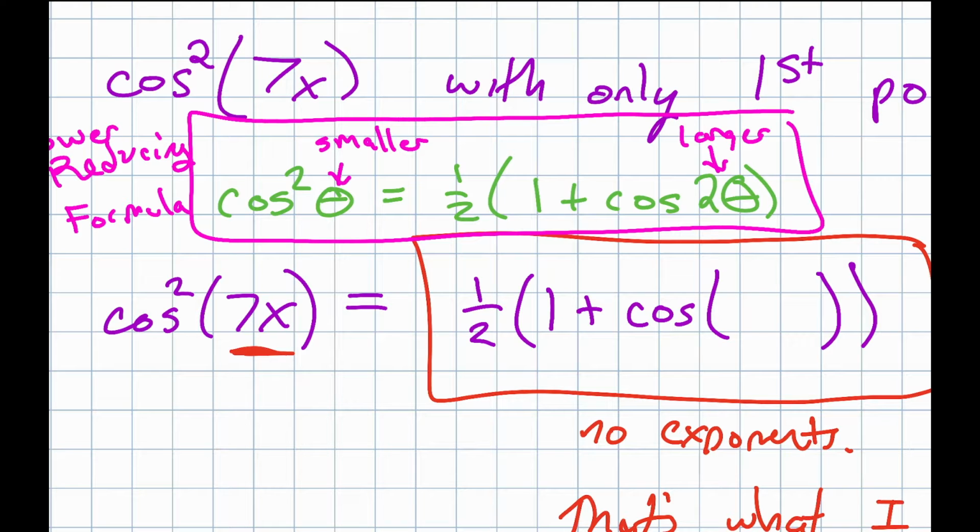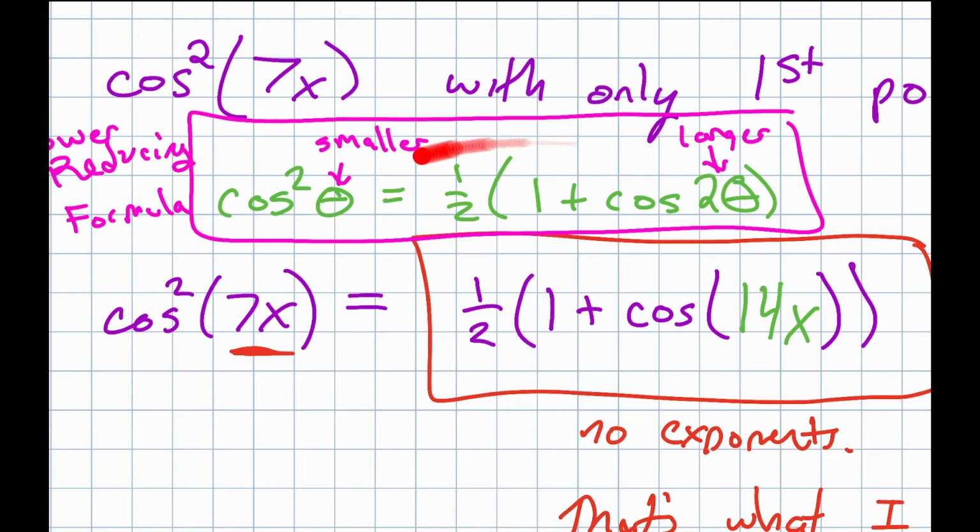And then I have to think about what goes right here, okay? That's why you want to think about smaller and larger, because you can look at this and say, okay, this one's the small angle, this one's the large angle. If this one's 7x, this one needs to be bigger. You're either multiplying by 2 or dividing by 2, so in this case, to make it bigger, you multiply by 2, and this is going to be 14x.